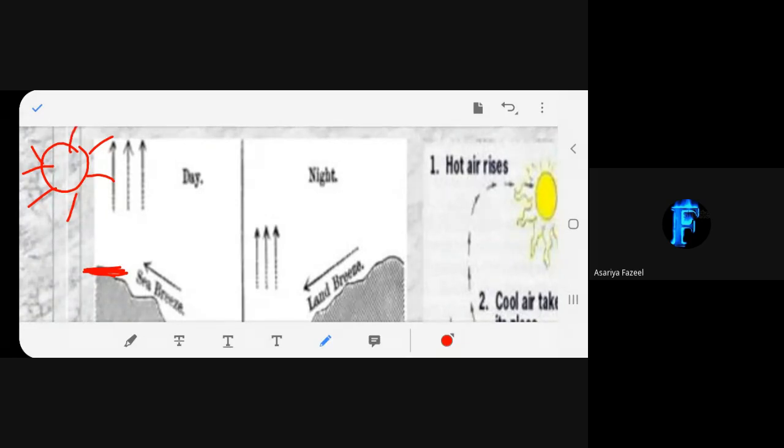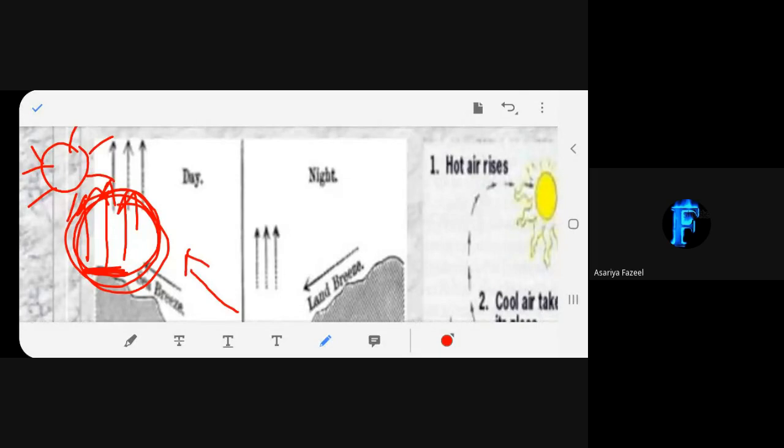So the hot air will go up. When it gets heated up, the hot air will go up. Now there is a vacuum created. There's no air, the hot air has gone up. So there is a vacuum. The cold air from the sea rushes into the place.